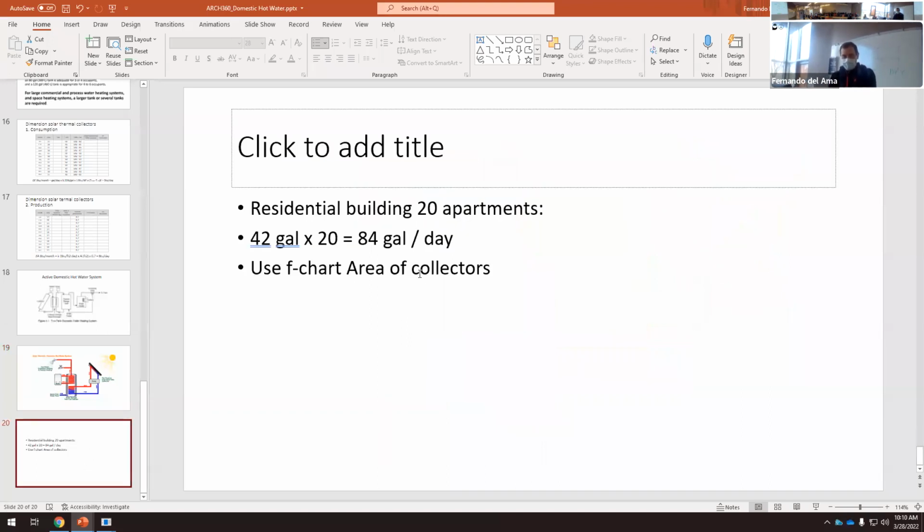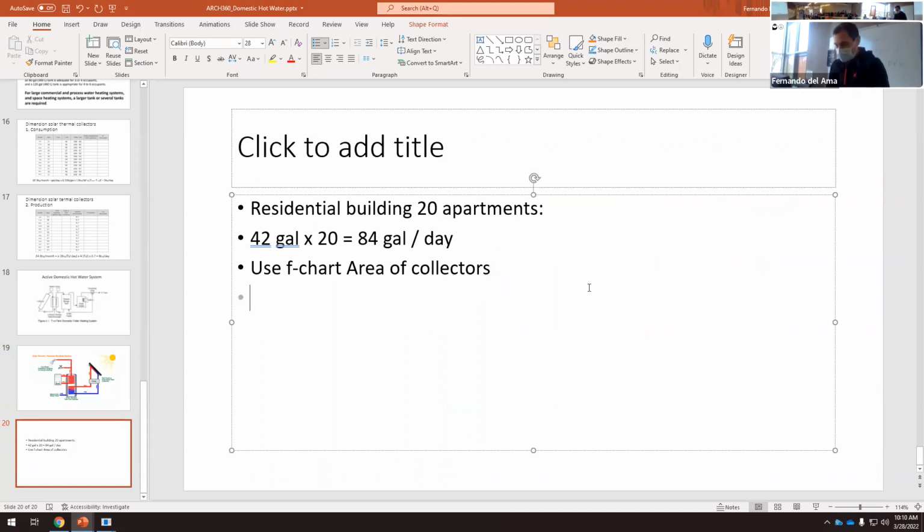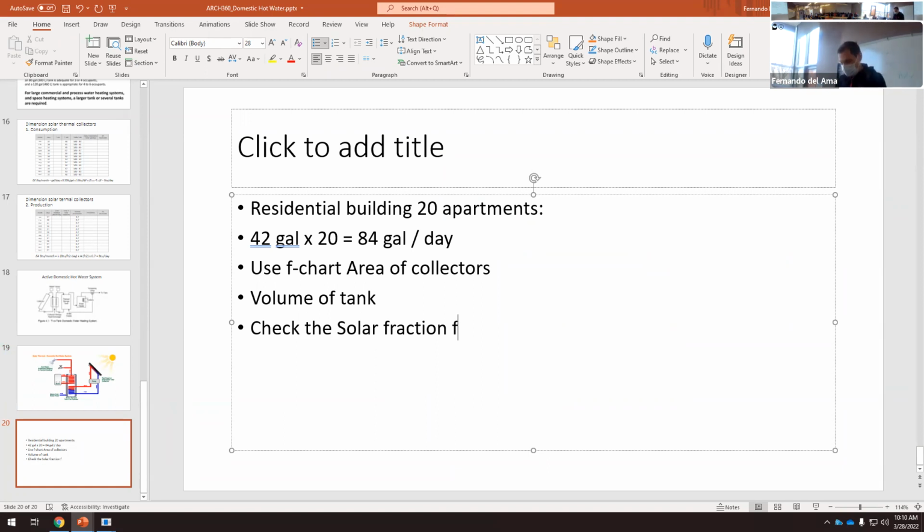So first, we need to calculate the area of collectors, and then we have to calculate the volume of the tank. And then we have to check the solar fraction F. Usually this F has to be above 60.